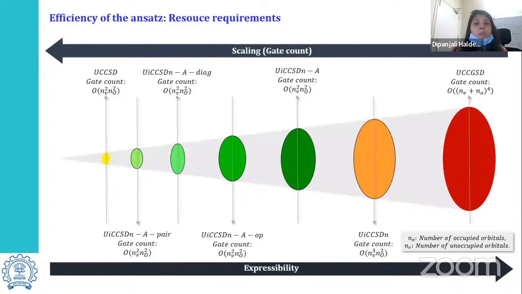So here is a pictorial representation. As you can see, the arrow at the bottom tells about expressibility, and the arrow at the top tells about scaling. We can see that all our variants of the UICCSD ansatz have a scaling of the same order as that of UCCSD, but they have a much higher expressibility than the UCCSD ansatz.